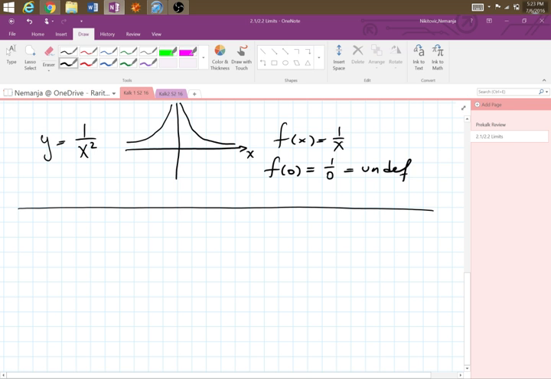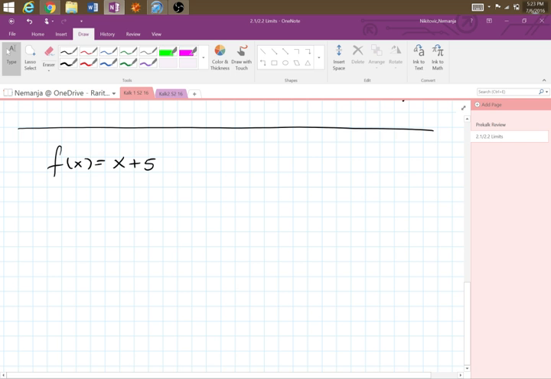So we're going to go back to our original problem. We have that our f of x is equal to x plus 5. And then on the other side we're going to have a limit of x plus 5. I would like to compute this at 3. So we said 3 plus 5 is equal to 8.